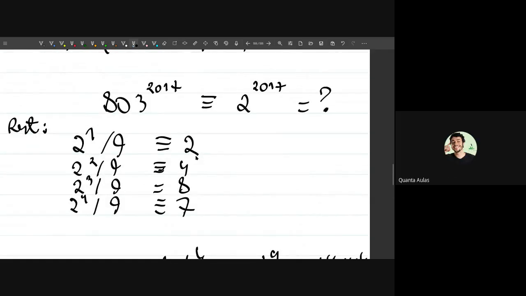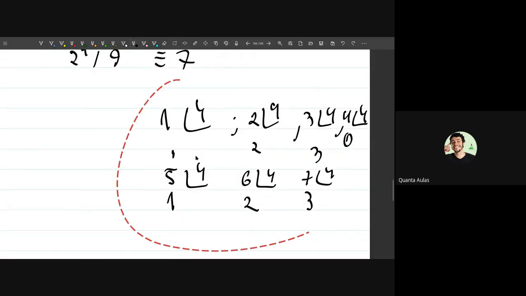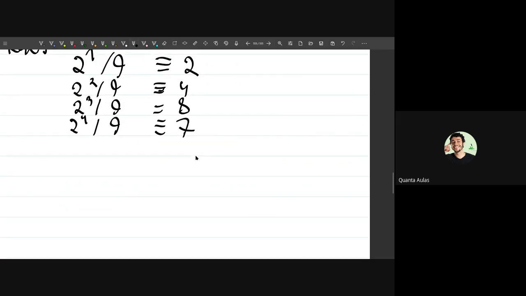So probably here we will have a pattern too. Let's find this. 2 to the power of 5 is 32 divided by 9, the remainder is 5. You can do this math for me, but I know it's 5 because I did this math in my mind.